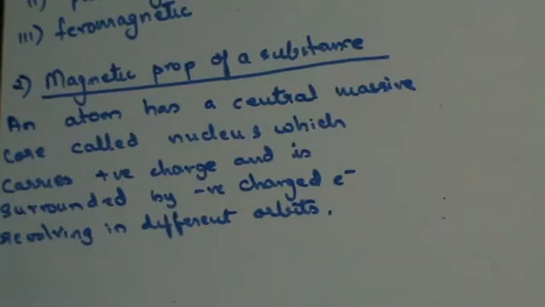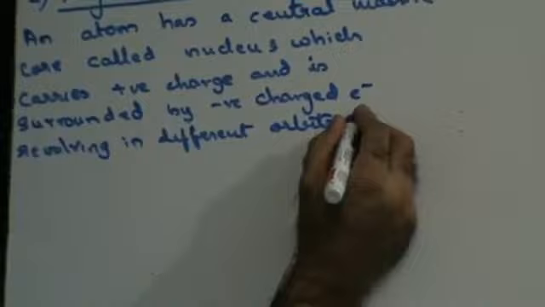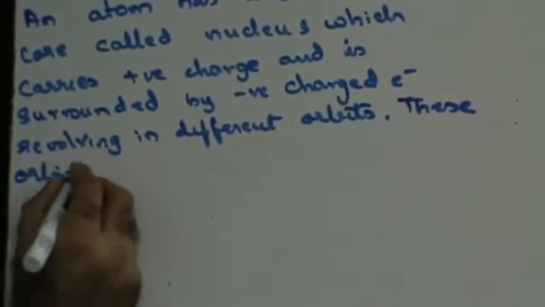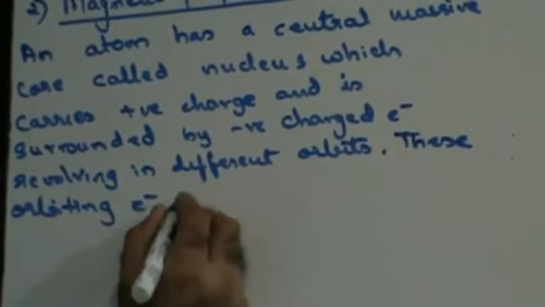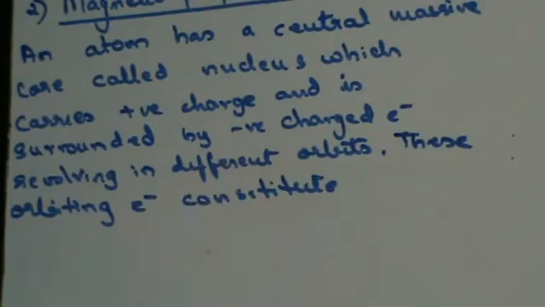Right? Now, these orbiting electrons around the nucleus constitute electric current because electrons are negatively charged particles. When a charged particle moves, that gives rise to current. So these orbiting electrons constitute current.